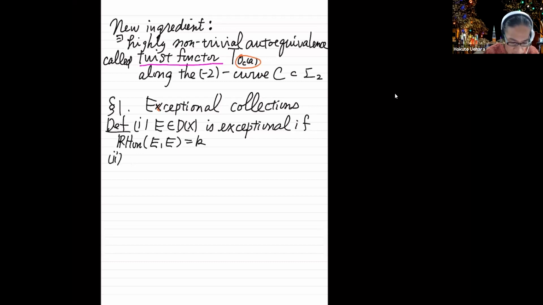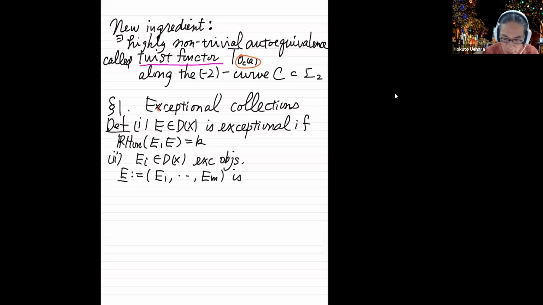Secondly, if we have several exceptional objects, an ordered set E-bar of exceptional objects of length m is called an exceptional sequence.